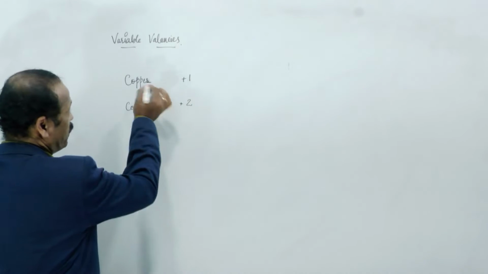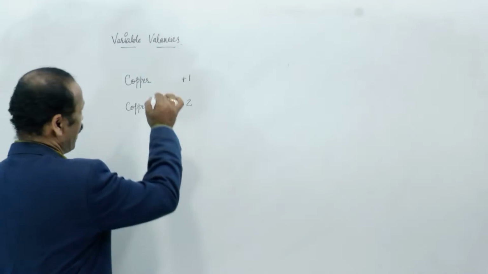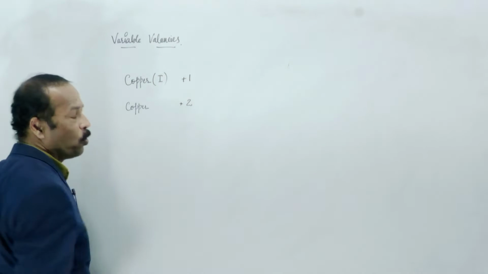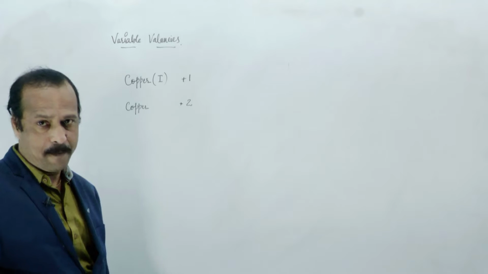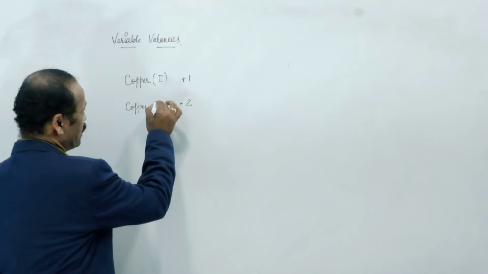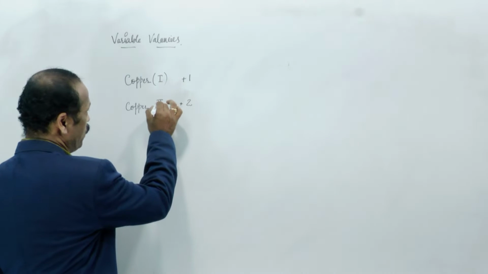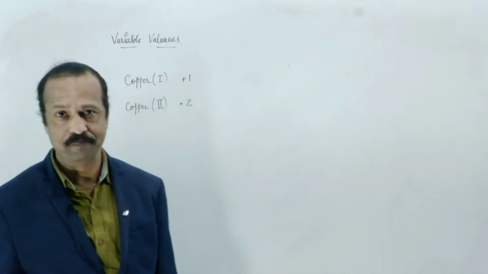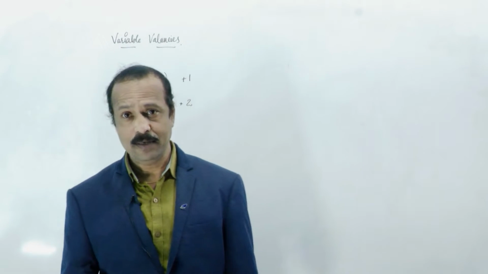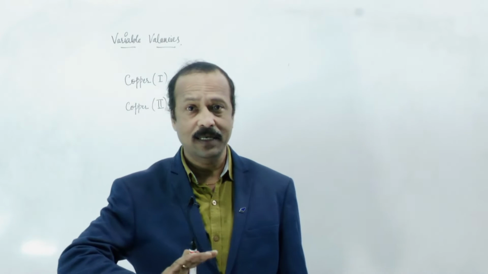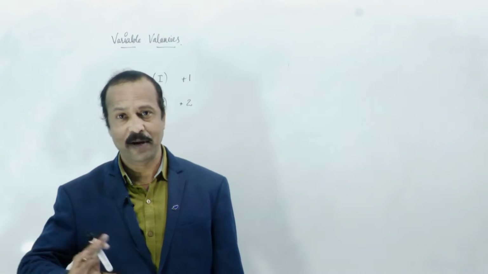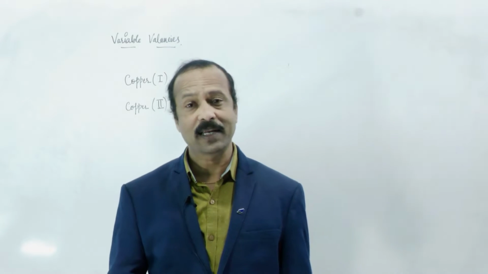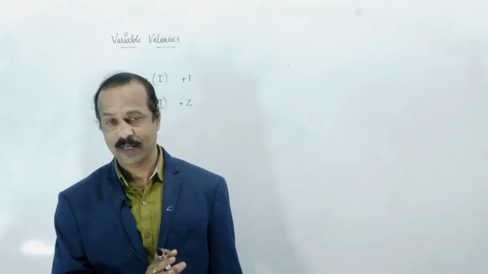Whenever copper exhibits +1 valency, we indicate it with the Roman numeral I, and if copper exhibits +2 valency, we indicate it with the Roman numeral II. So it is only copper, but it has different capacities to combine with different elements. It can exhibit +1 valency and it can exhibit +2 valency.